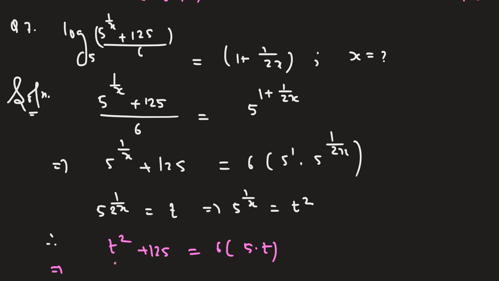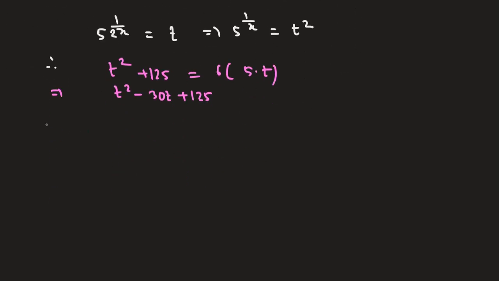So t squared minus 30t plus 125 equals 0. So 25 into 5, 25 plus 5 is 30. So now we can write (t minus 25)(t minus 5) equals 0. So t is equal to 25 comma 5.